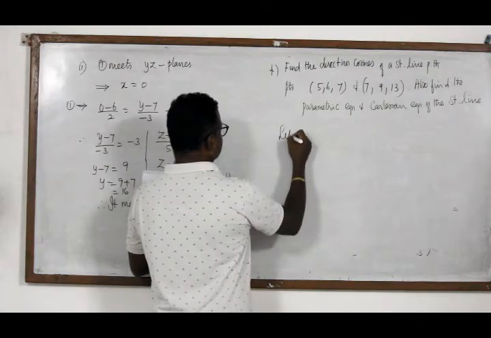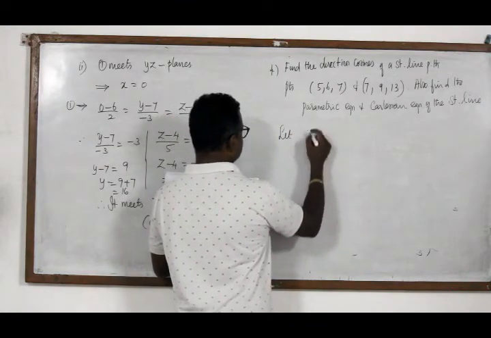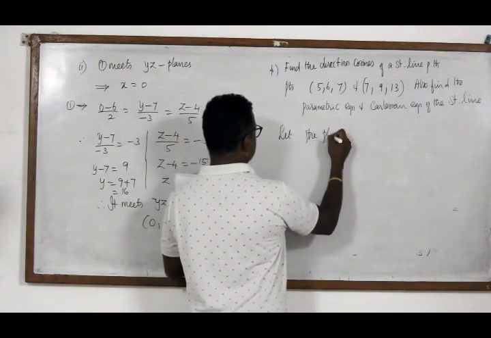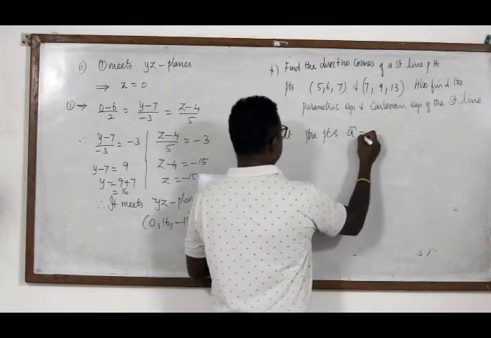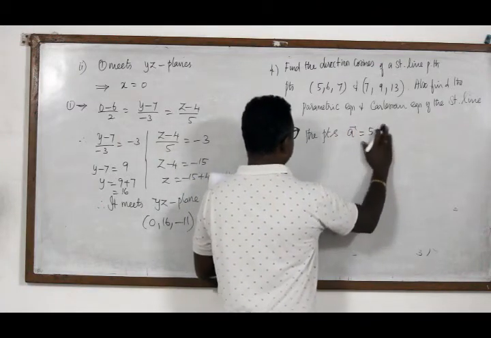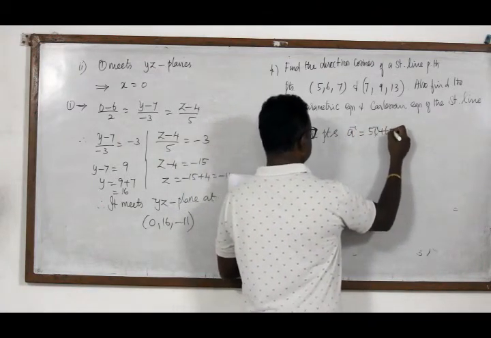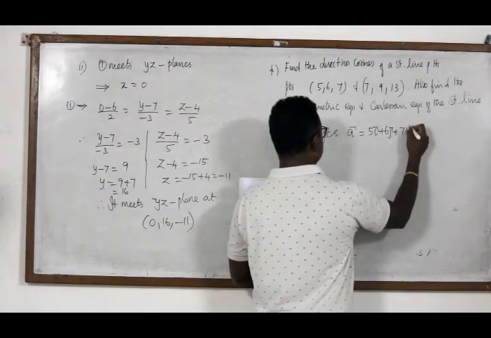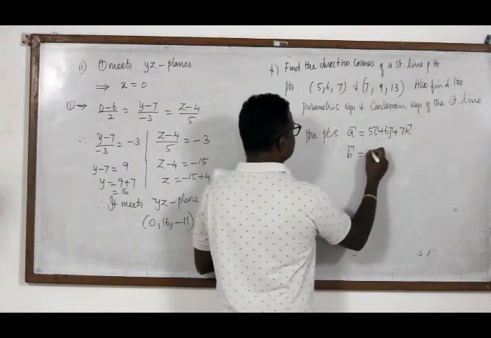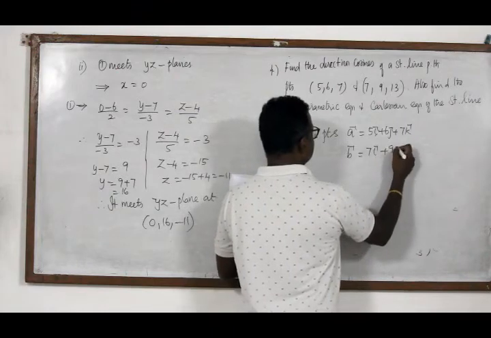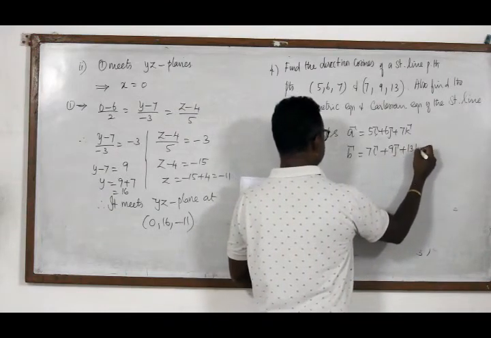Now listen here. Suppose I take, let the points A vector equal to 5i plus 6j plus 7k and B vector is 7i plus 9j plus 13k.